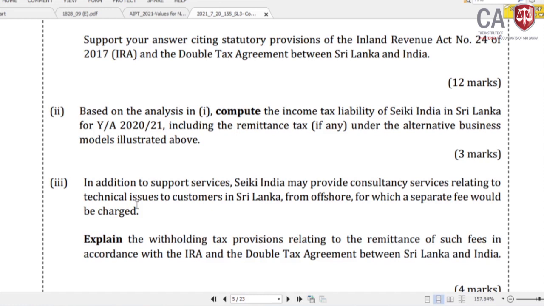It is a criminal offence if you have not tried the provisions of the Inland Revenue Act plus the provisions of the DTA, because the examiner very clearly asked that too. If you write the answer for only one, you are not receiving the full 4 marks. There are questions with sub requirements for you to answer.